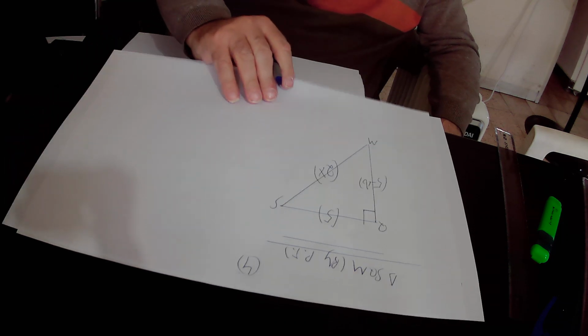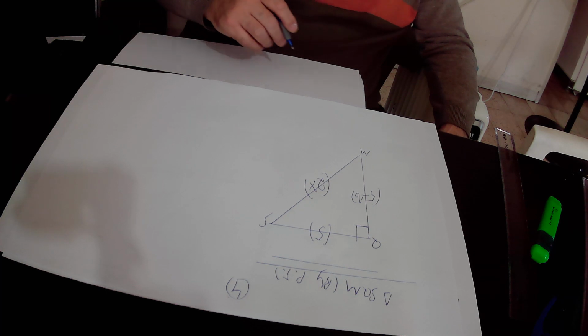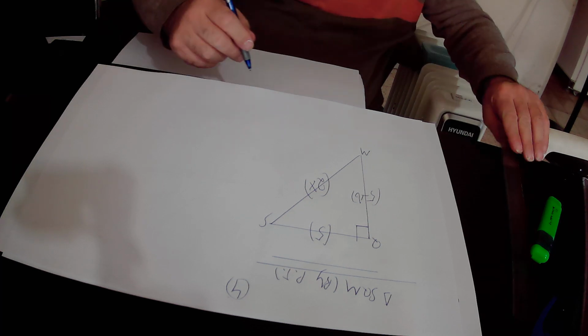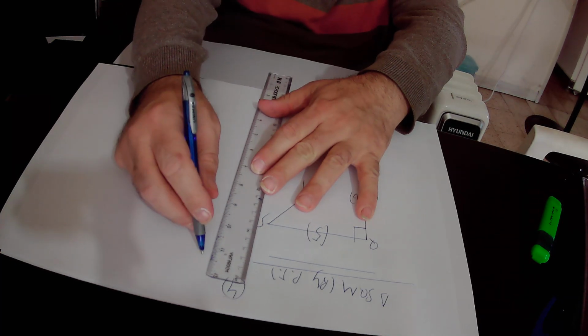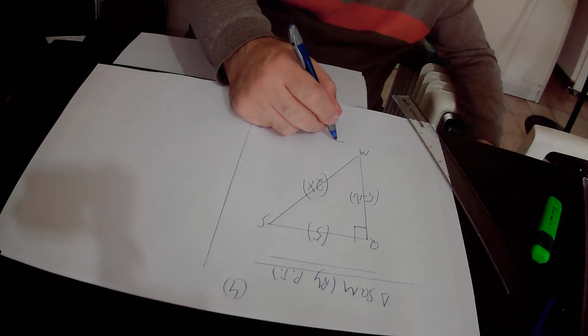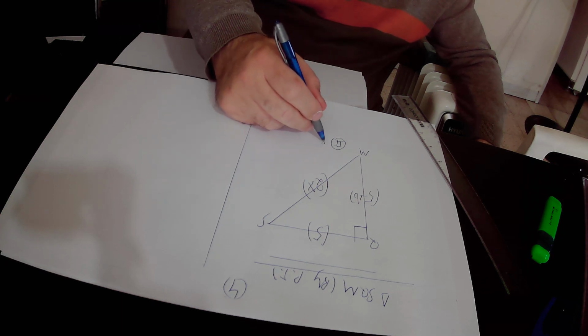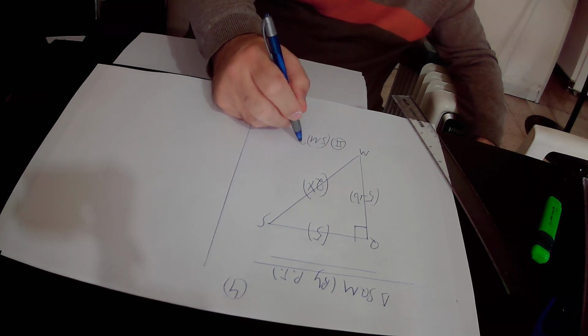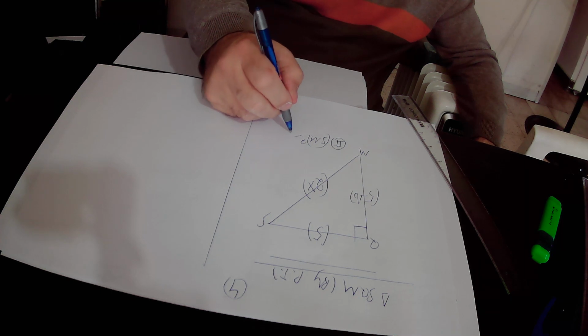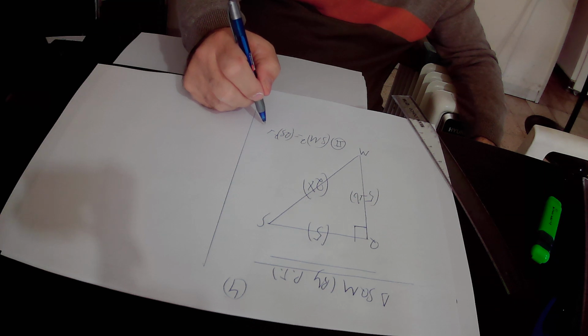So here, by the Pythagoras theorem, SM square equals QS square plus QM square.